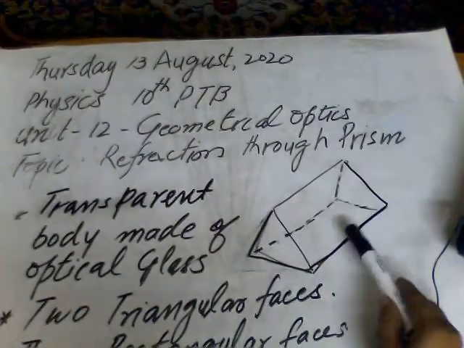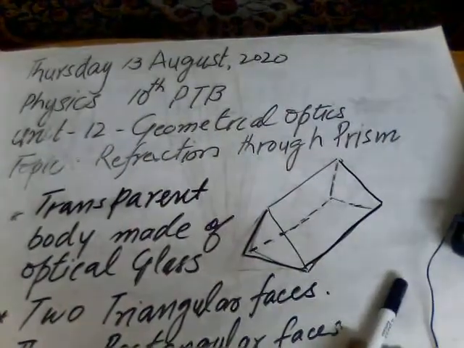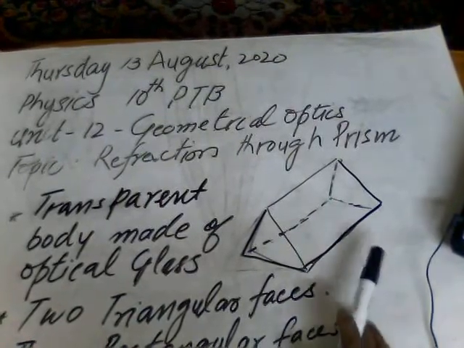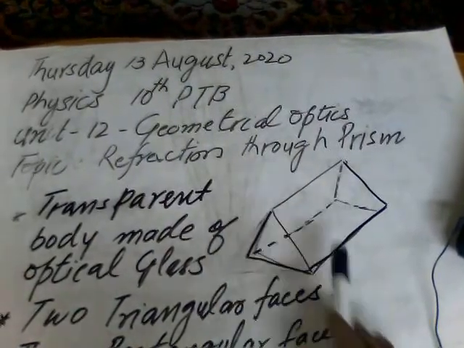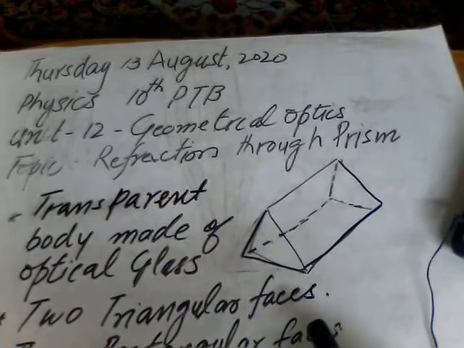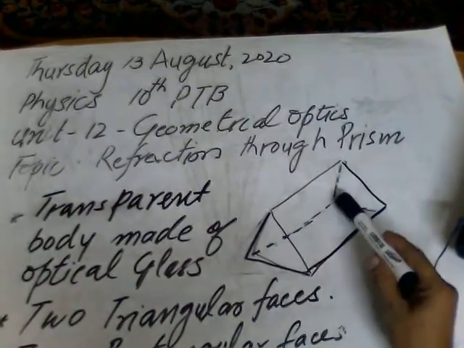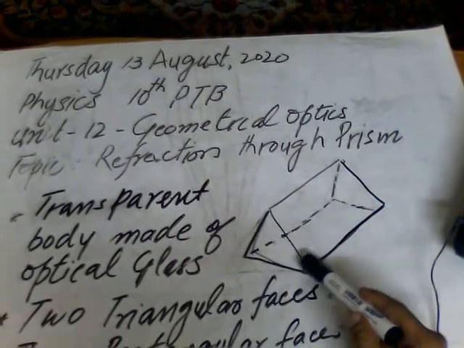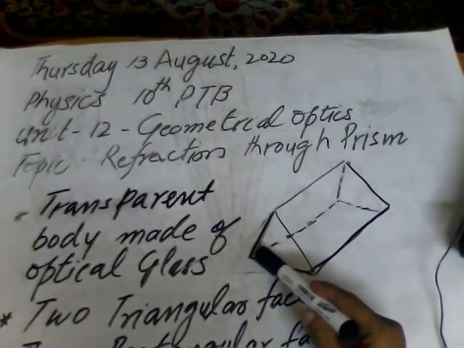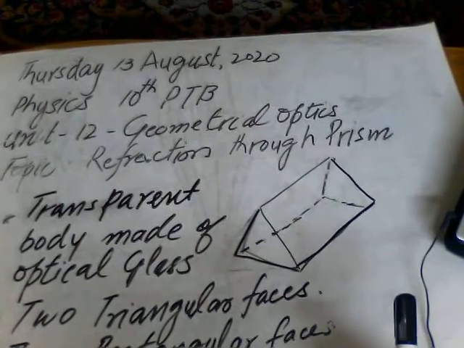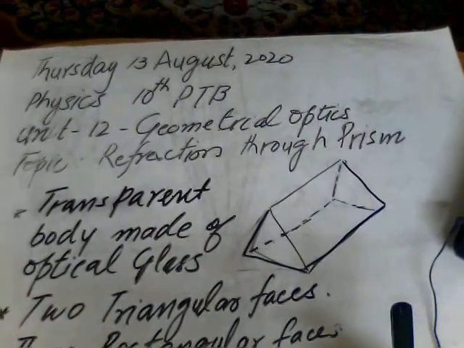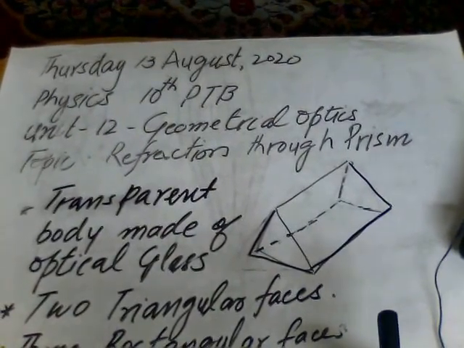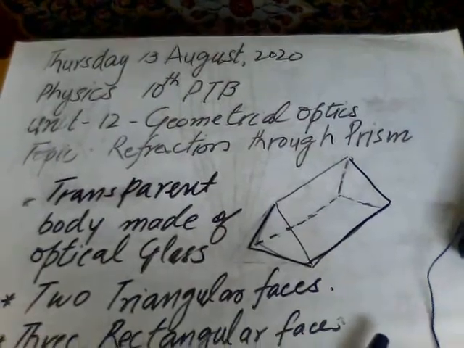One is on this side, another on the other side, and one rectangular face is the base. So three rectangular faces and two triangular faces.